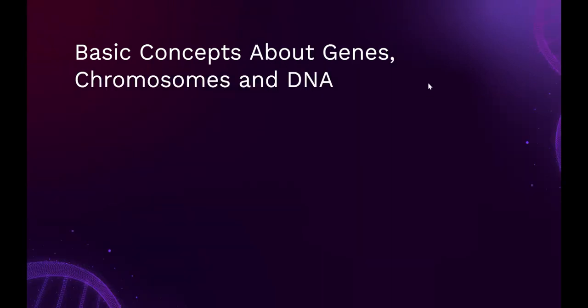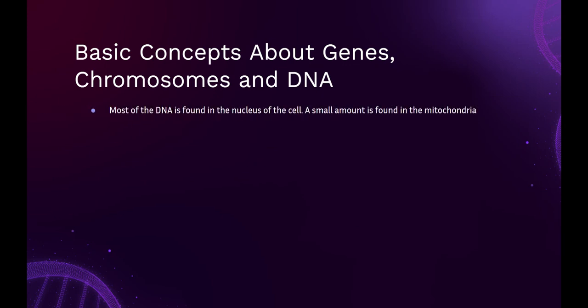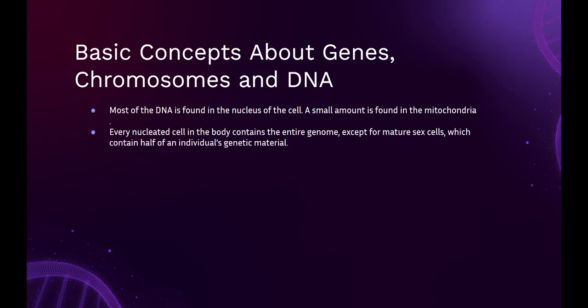Okay, basic concepts about genes, chromosomes, and DNA. Most of the DNA is found in the nucleus of the cell. Hint, hint, that's important to you. Small amounts are found in the mitochondria. Every nucleated cell in the body, red blood cells don't have nuclei, but everything else mostly does, contains the entire genome.